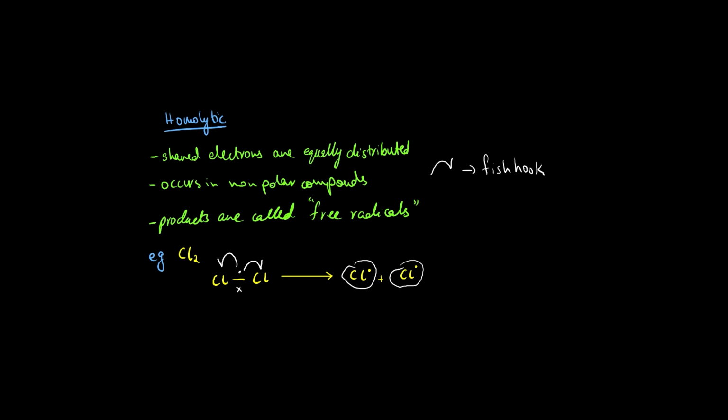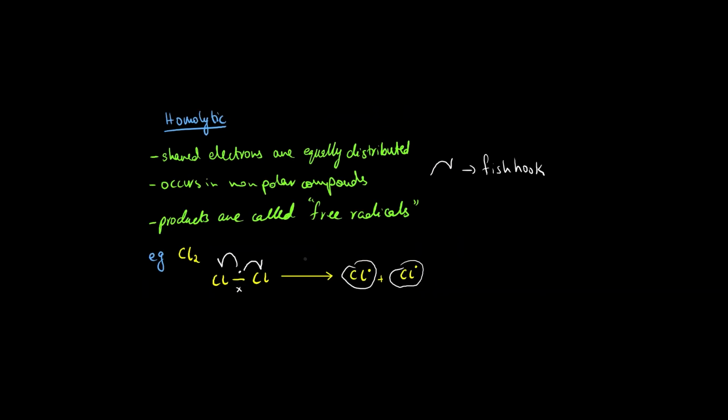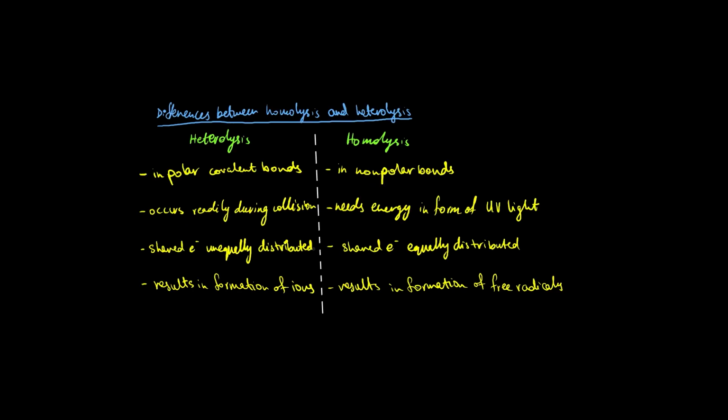Now let's go back to this reaction for a little bit. If you remember, in free radical substitution reactions we had a condition for breaking the chlorine covalent bond: UV light, ultraviolet light, must be present because energy must be provided for this reaction to take place. Keep that in mind also.